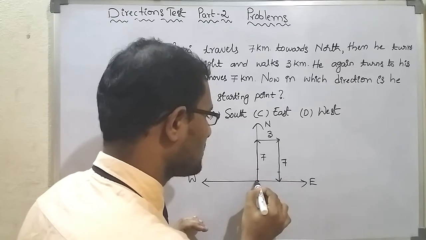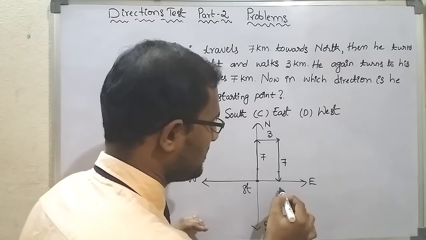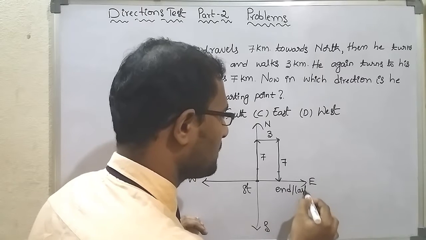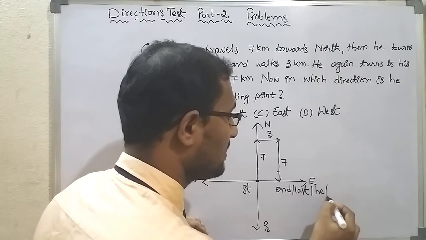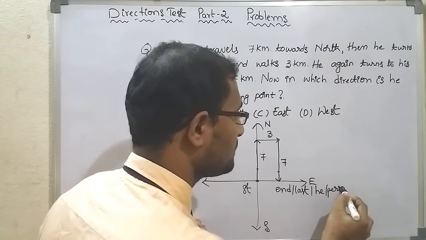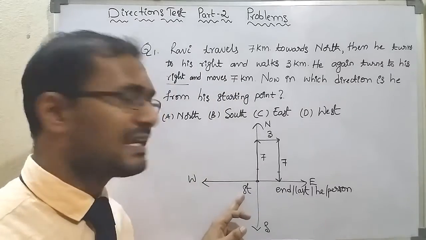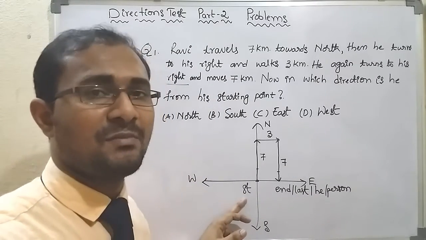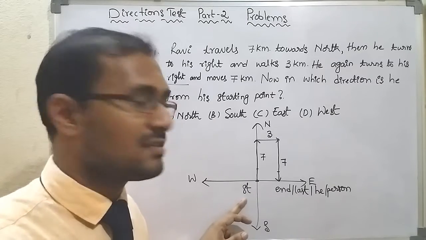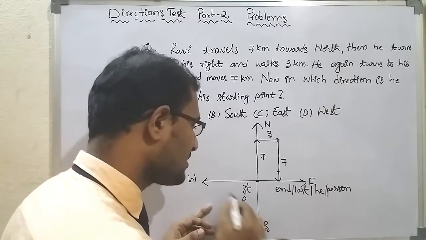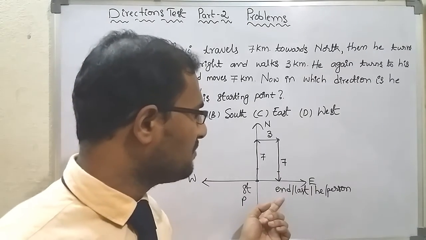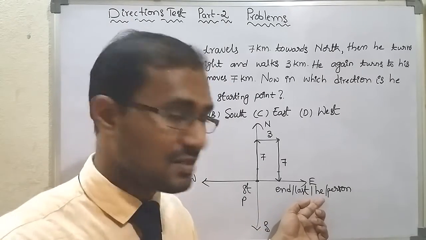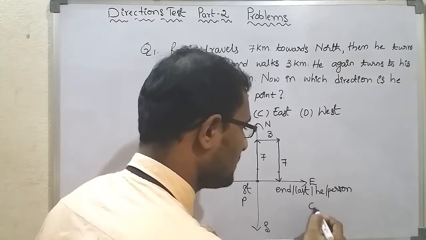So this is the starting point and this is the ending point, otherwise the last point, otherwise he, otherwise the person. The starting point can be called starting point, otherwise origin, otherwise sometimes a house, otherwise any particular point they can mention. The last point can be mentioned as end point, last point, he, that person, or some different point.